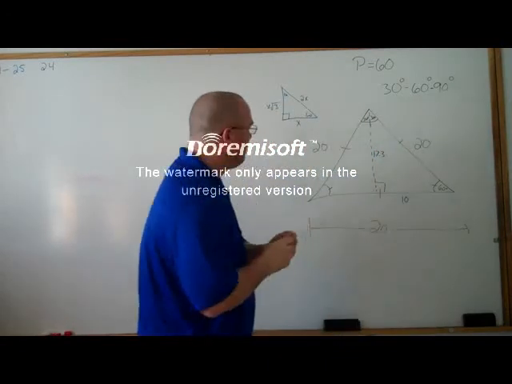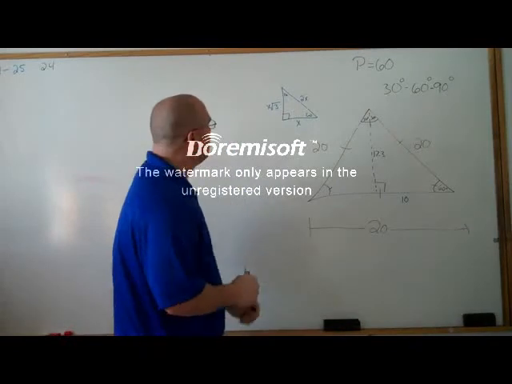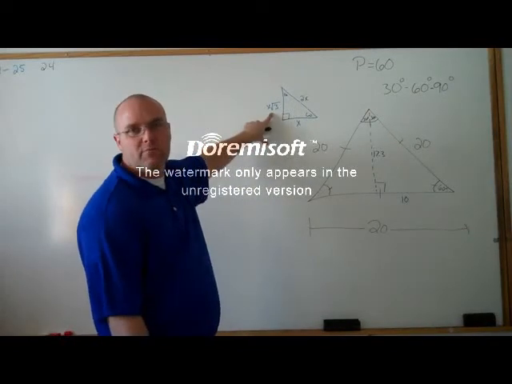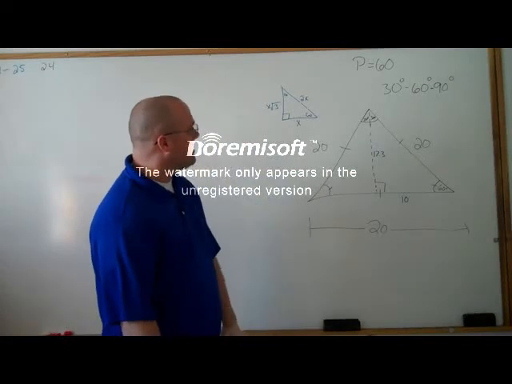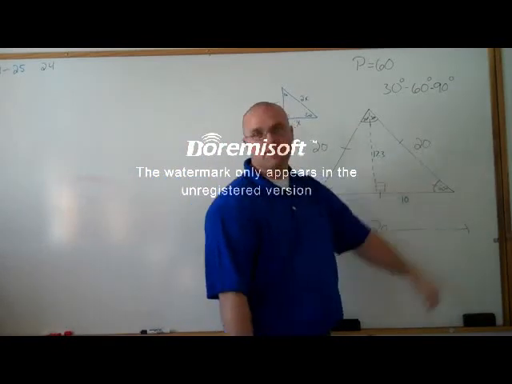There we go. Our middle length is always x times square root of 3. So x times the square root of 3 is 17.3. This is 10. This is 20.